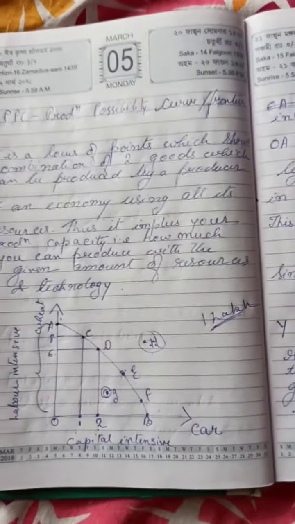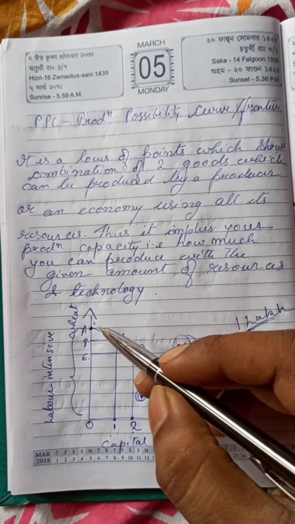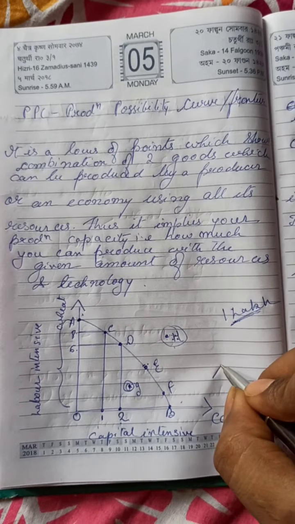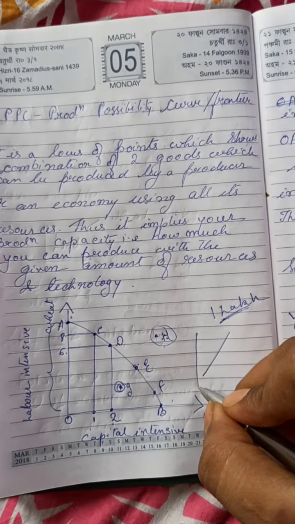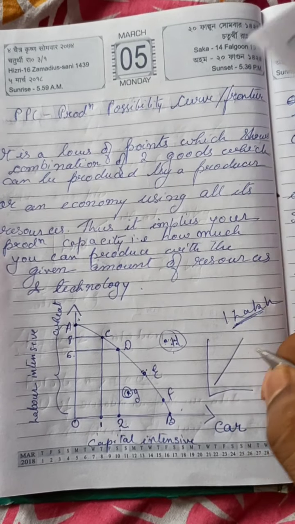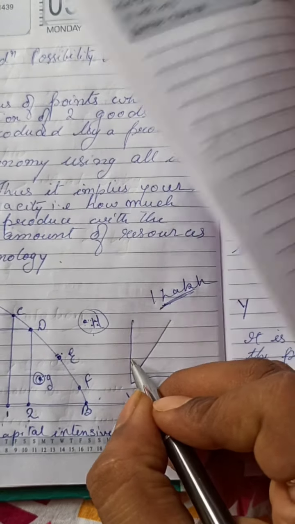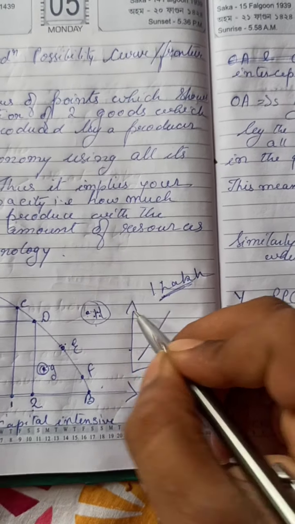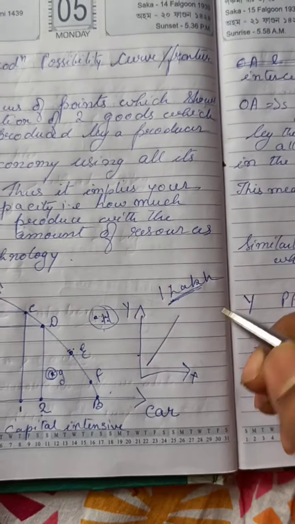Now we see over here that it is a negative sloping curve. If it were a positive sloping curve, it would look somewhat like this. The difference between the positive and negative sloping curve is that in a positive sloping curve, see, this axis implies the x-axis and this is the y-axis.